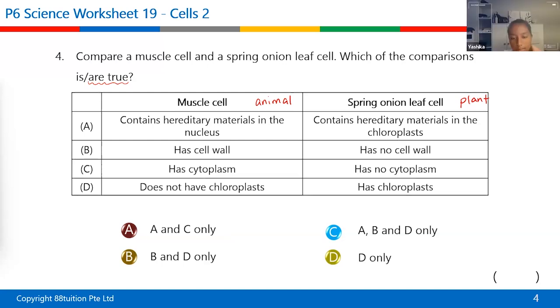Name all the parts that are in that cell. So in general, we can write down there's nucleus. What else? Cell membrane. Cytoplasm, right?